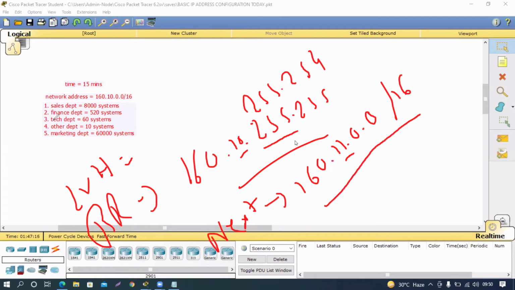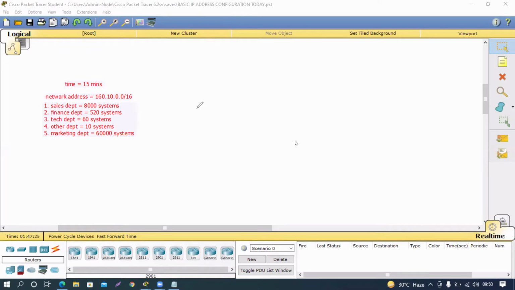On this network address, we are going for the sales department, right? So what exactly will be the slash value for sales? Slash 13 or slash 19?